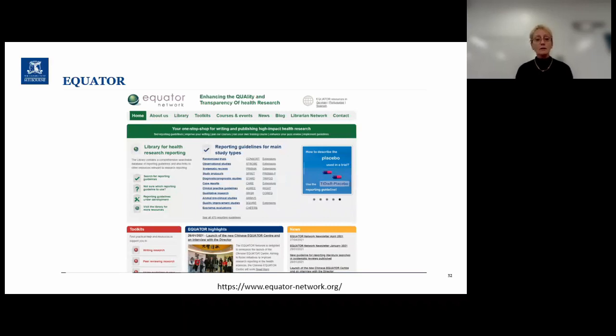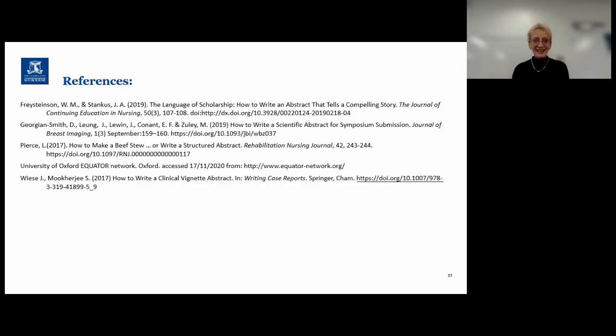For those of you who come from a nursing background, I can tell you that Collegian requires the EQUATOR reporting guidelines for all of their research papers. I think Nurse Education Today does as well. It's increasingly becoming a requirement. So it's worth bookmarking that website as one of your favourites if you're thinking of moving forward and doing some publications. There are a couple of references there for you.